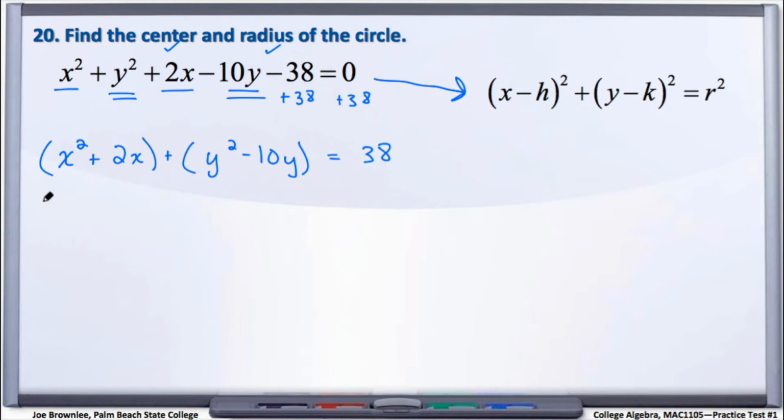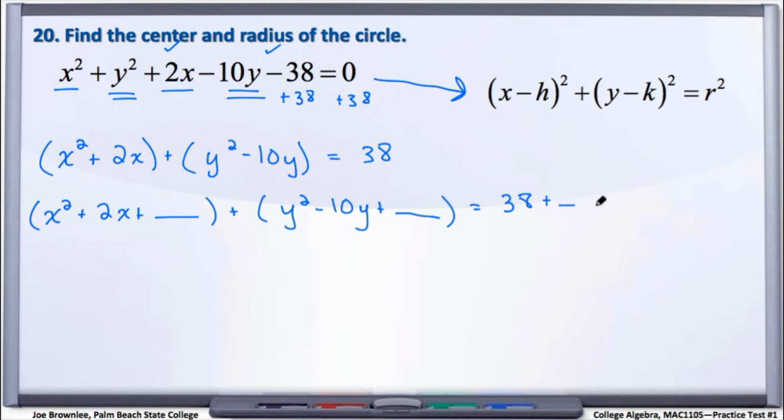And so, just like before, to make sure I remember, I will write x squared plus 2x plus some number, and then y squared minus 10y plus some number, equals 38 plus some number plus some number, right? So this blank corresponds to this blank, and this blank corresponds to this blank. Whatever we add to the left, we have to remember to also add to the right-hand side.